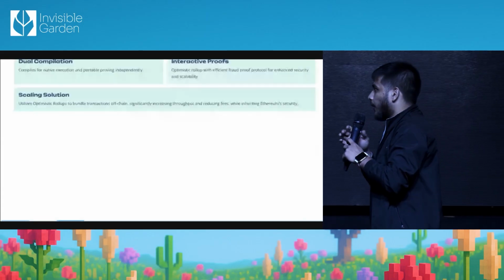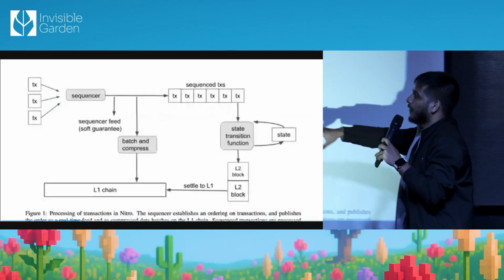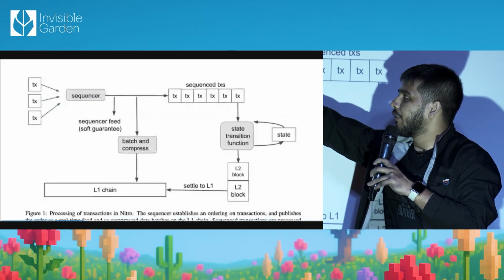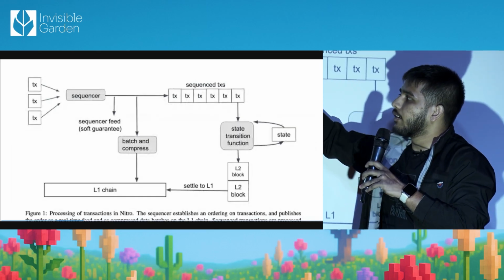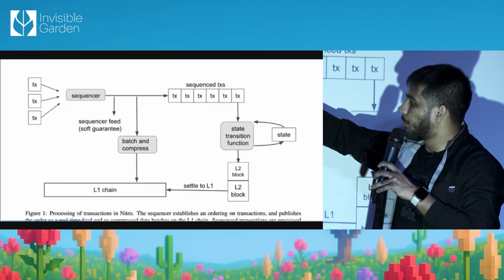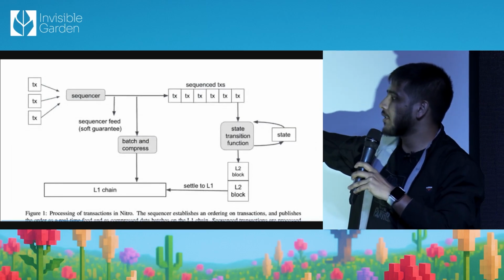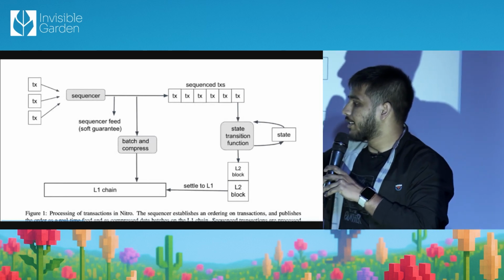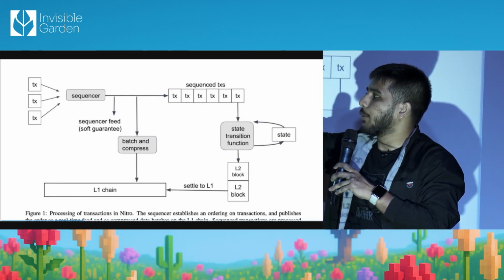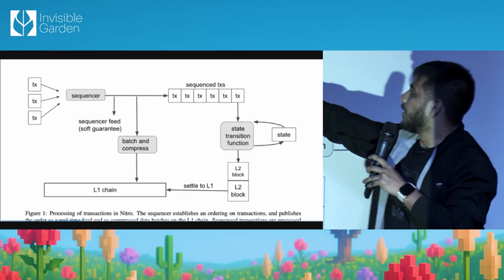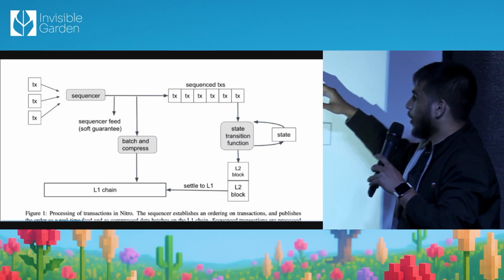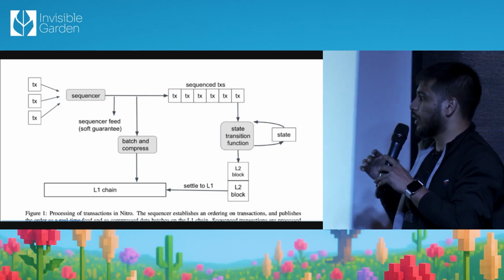What happens is we have a bunch of transactions and then we have a sequencer. The sequencer arranges all the transactions and creates 2 sections. The batch and compress algorithm puts all the sequenced transactions on the L1 chain, which is the mainnet, and these sequenced transactions also go through a state transition function.